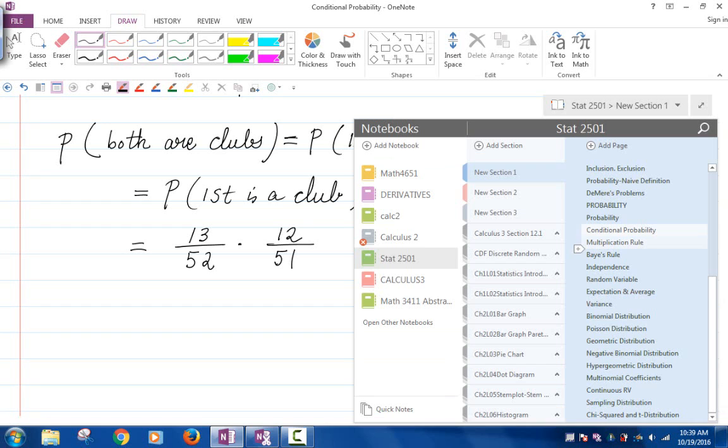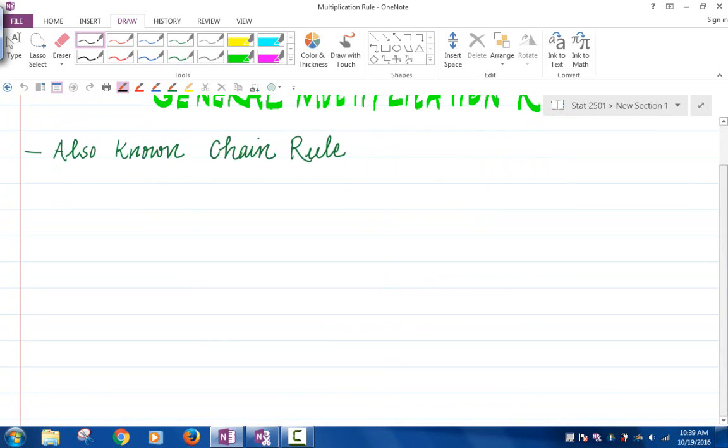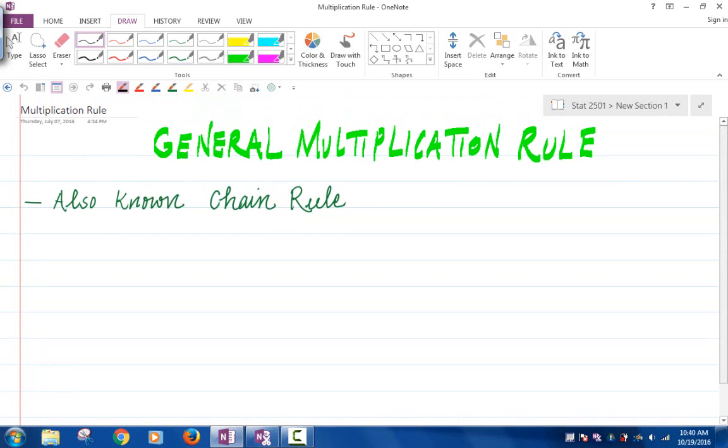Now the general multiplication rule. The general multiplication rule says the following. It is also known as the chain rule.